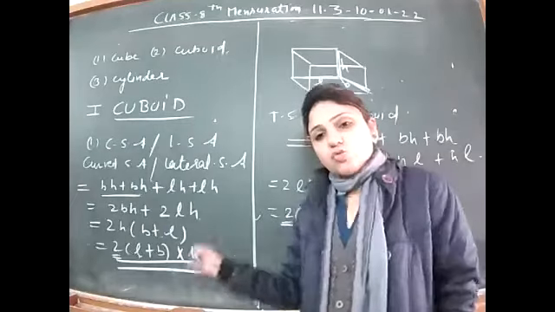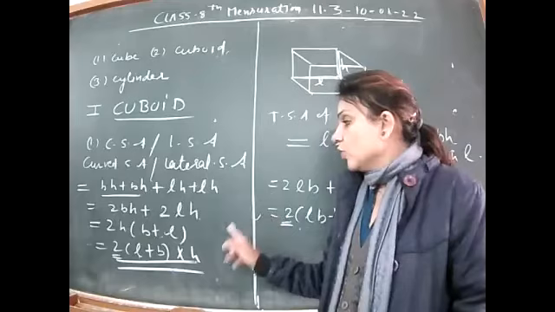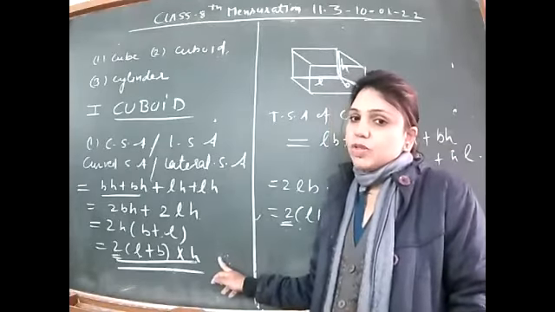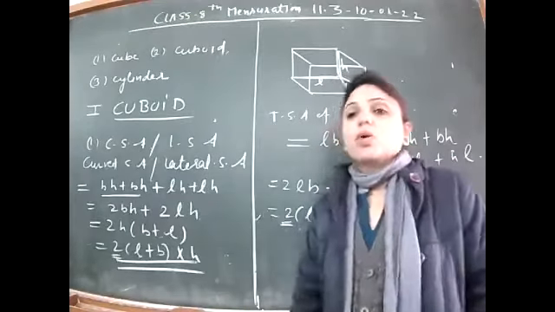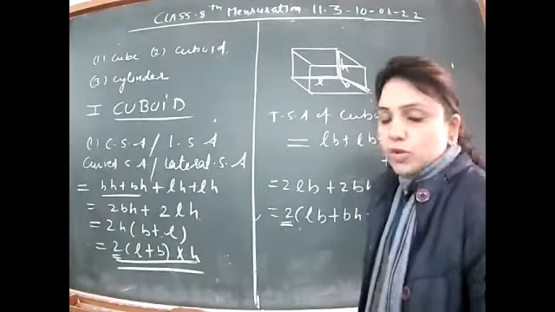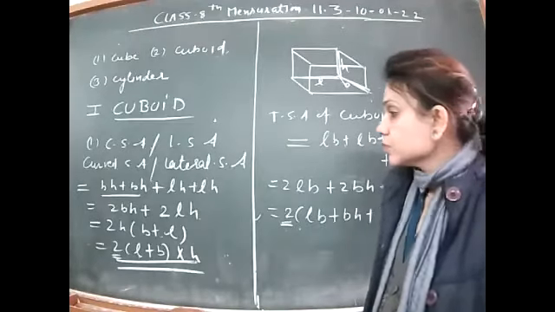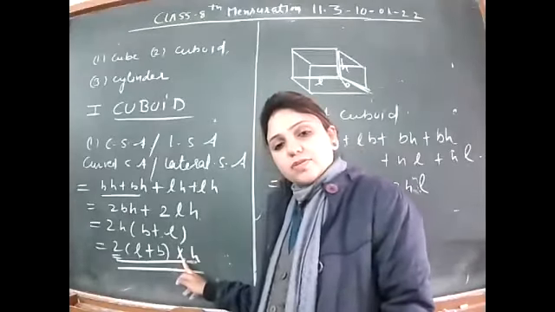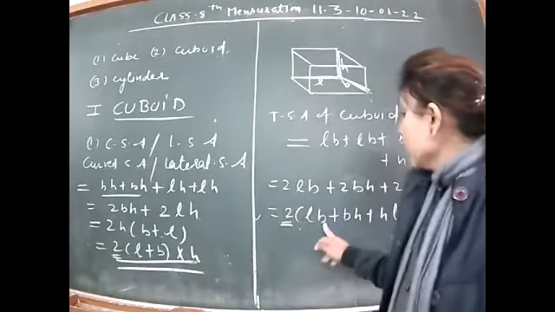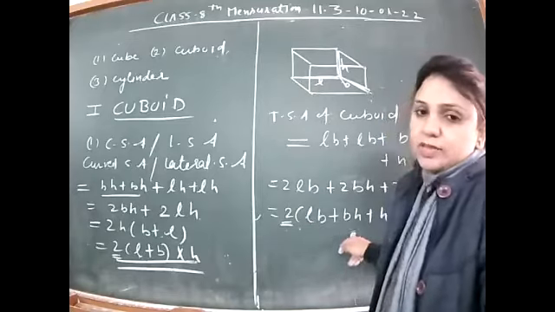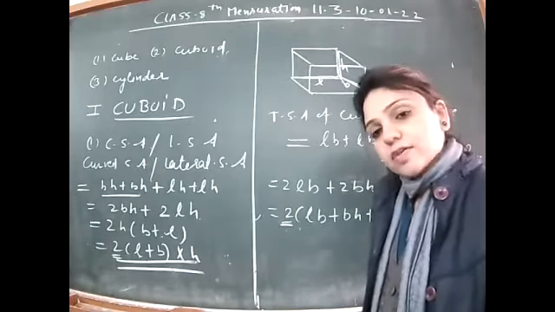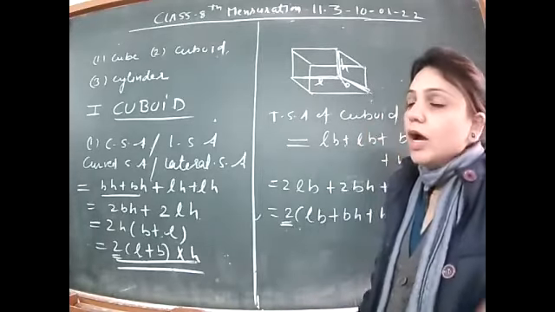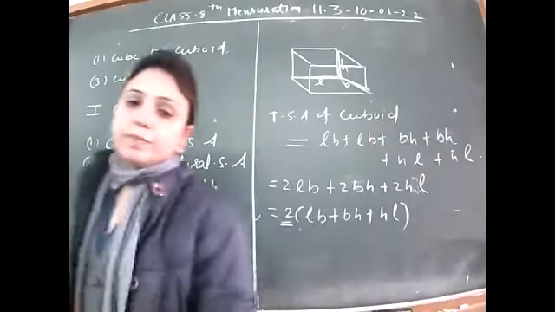So remember these two formulas very minutely, only then you can do the questions based on that. If you are not knowing the formula, you can't do the calculations for the different questions. So 2 into L plus B into H, this is the curved surface area, and 2 into LB plus BH plus HL, this is your total surface area. ये आपका हो गया total surface area का formula.